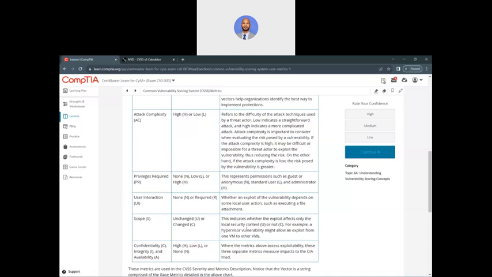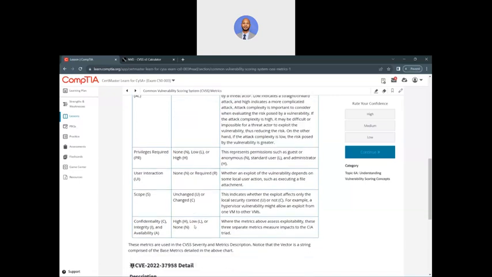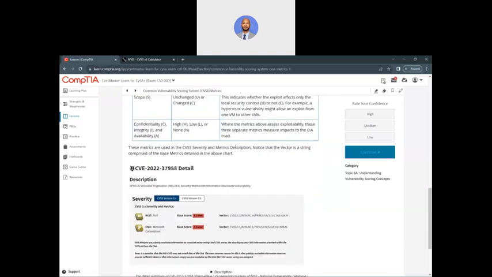And the CIA triad would definitely apply when we're talking about the goals of the organization, because organizations might not care about confidentiality. They might not care about integrity or availability. Depends on what their actual goals are and what their compliance requirements are.